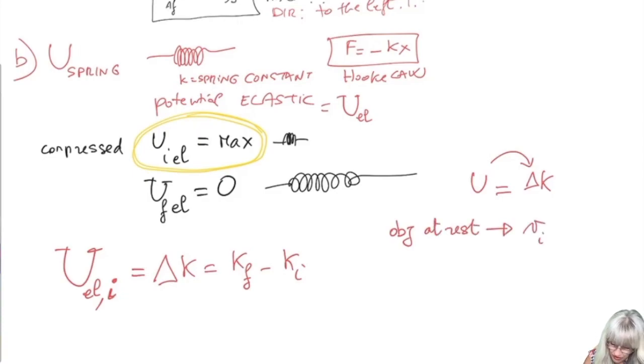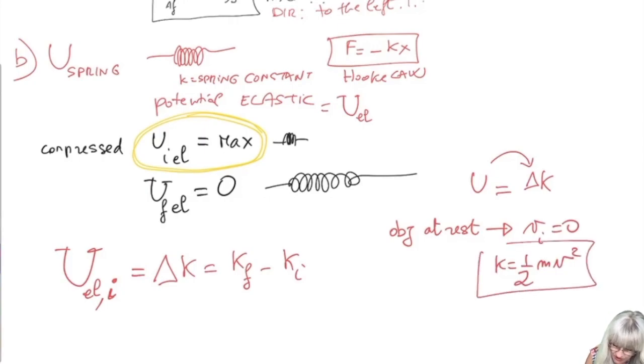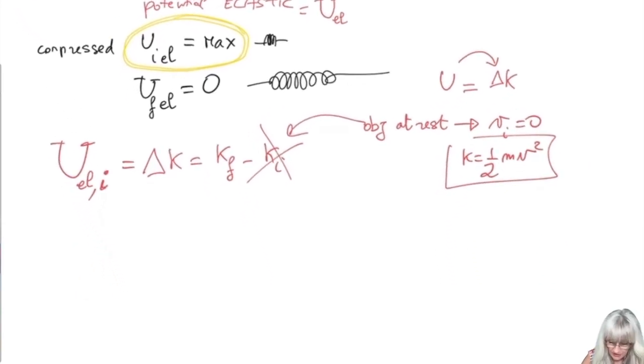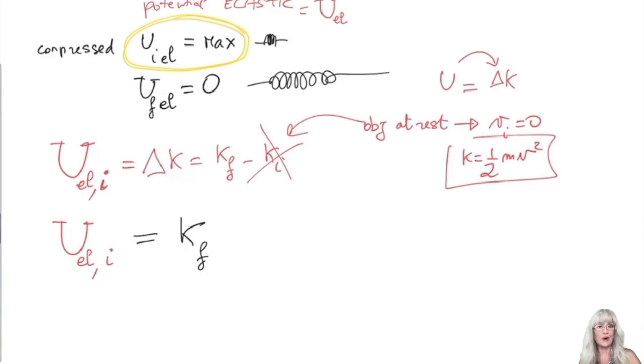So the initial velocity is 0, because kinetic energy, remember, depends on how fast it is moving. So immediately, because of this condition, I'm gonna say goodbye to the kinetic energy initially being 0. So the equation I wanna solve is that my elastic potential energy initially will be equal to the kinetic energy final of both objects.